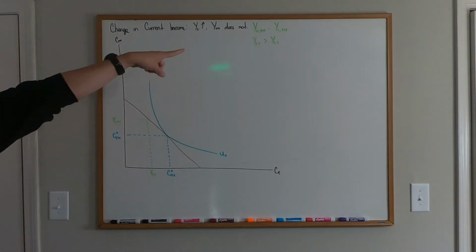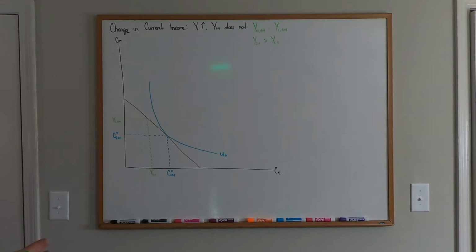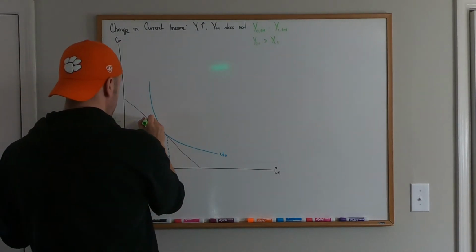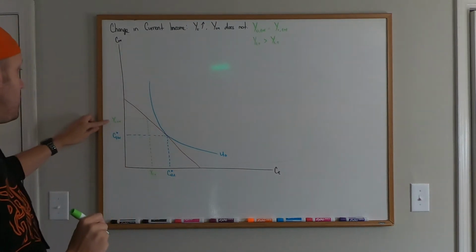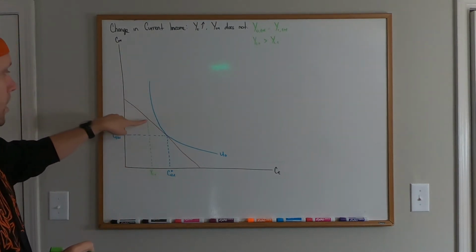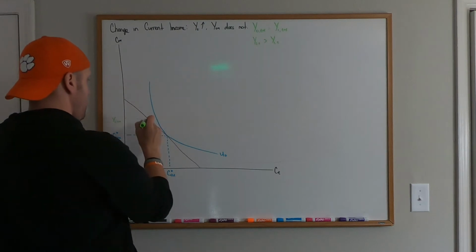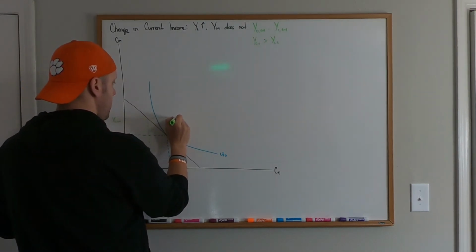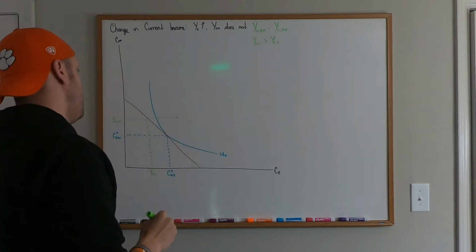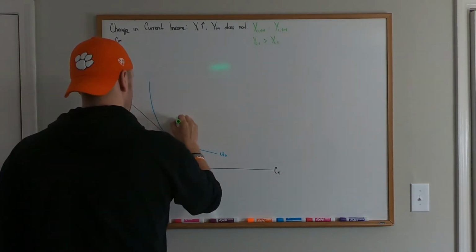Because of that relationship with income, we draw this dotted line from the CT plus 1 axis at Y0T plus 1, over to right here. Then we're going to draw this dotted line down.